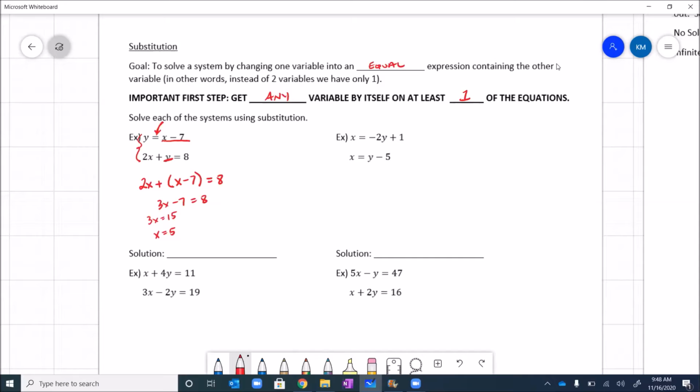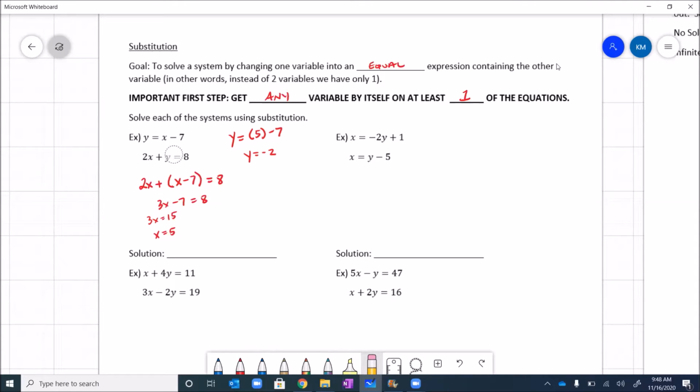Now that I know my value for x, I can solve for y. In my top equation, I am going to say y equals, and instead of having to say x minus 7, I can say 5 minus 7. 5 minus 7 is negative 2.